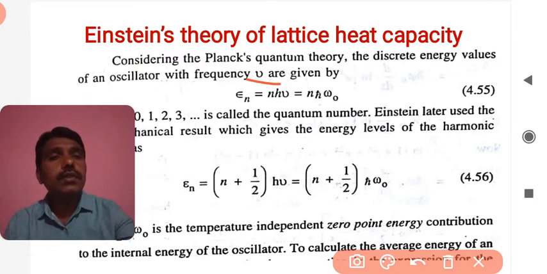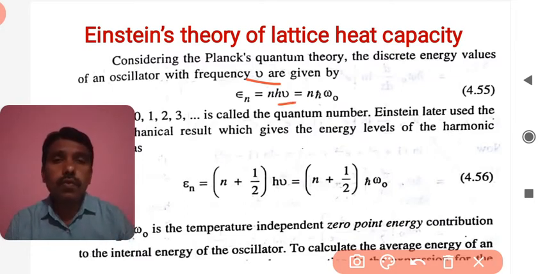H nu is the photon quanta, and light is always in quanta, which is what h nu represents.